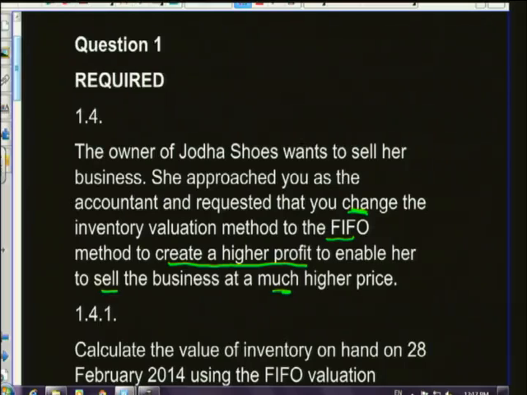Okay, so you're given a certain scenario where the owner wants to sell her business, and in order to get the highest possible price, she wants to inflate, she wants to show a higher net or gross profit. Right, the question wants you to do the following.